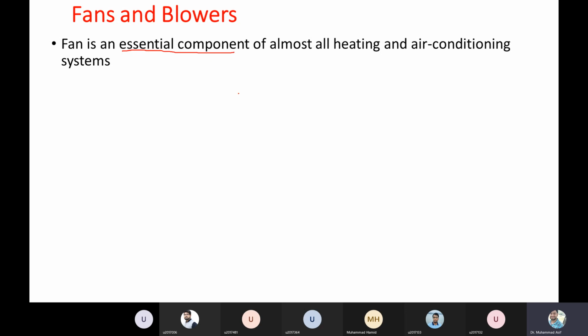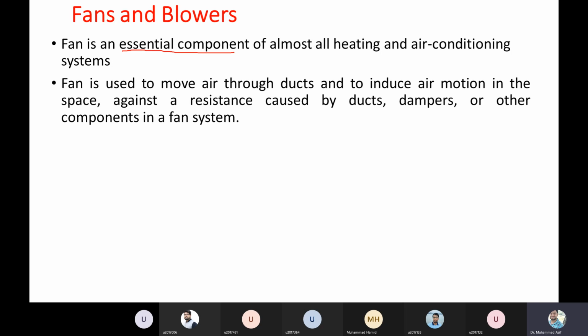So this is a compulsory component of the heating and cooling air conditioning system. The purpose of the fan is to move air through the ducts and to induce air motion in the space against a resistance caused by the ducts, dampers, or other components in a fan system. So that's the main objective of the fan.